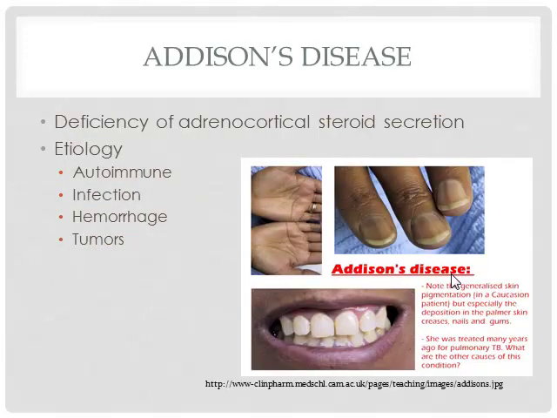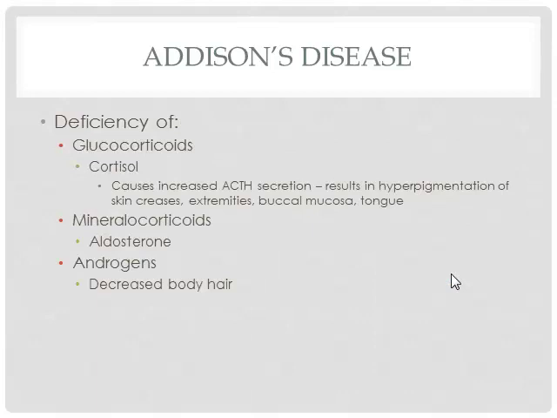In Addison's disease, there's not enough adrenocortical steroids. In these individuals, the etiology could be autoimmune, infection, hemorrhage, and or tumors. What we wind up seeing is a deficiency of glucocorticoids, mineralocorticoids, and androgens. Remember I said for glucocorticoids, think of cortisol; the deficiency causes an increased ACTH secretion.